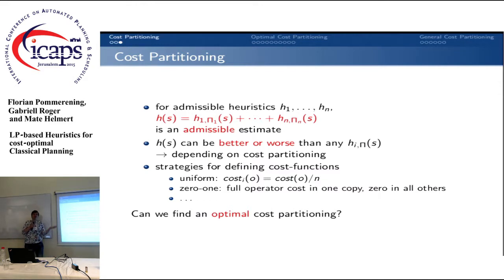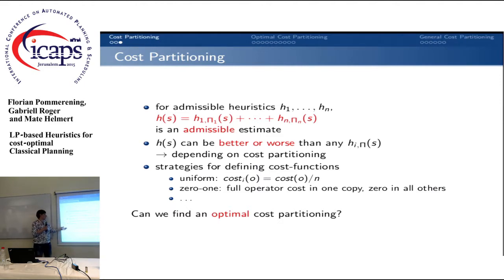The question is, is this always good? Is it always bad? The punchline is it can be better or it can be really, really worse, and that depends on the cost partitioning we choose. There are many different strategies for defining cost partitionings. The simplest one, which often also works very well, is the uniform cost partitioning, where we just distribute the operator costs equally among the copies of the tasks.